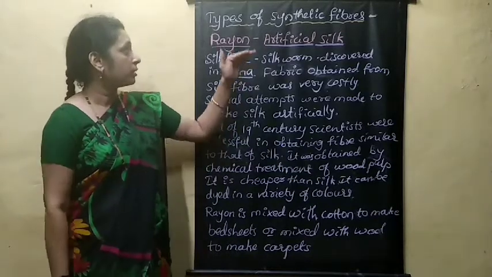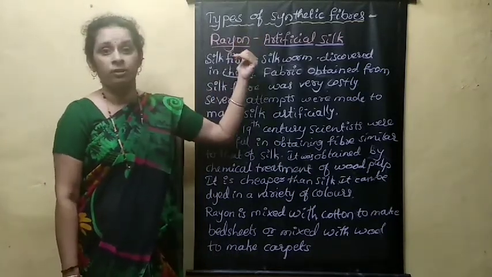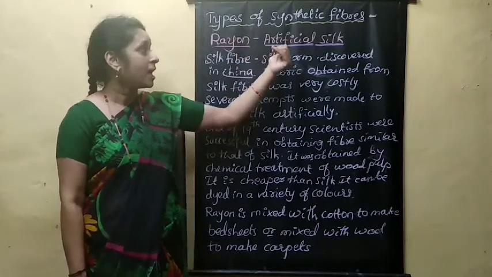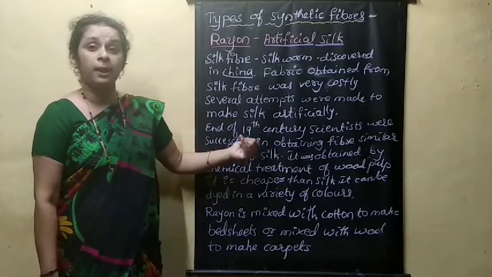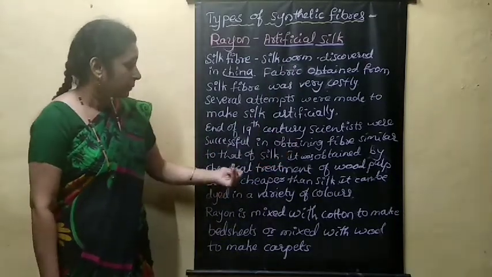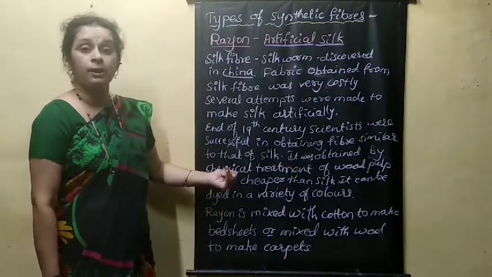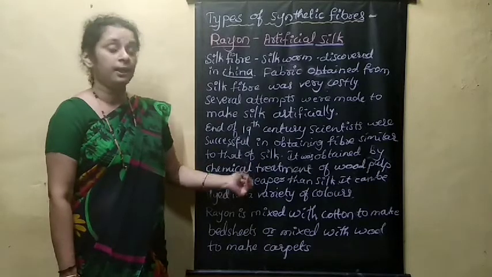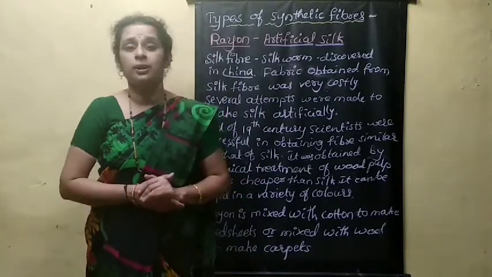This is about one type of synthetic fiber, rayon. It is also called artificial fiber. It is obtained by chemical treatment of wood pulp. It is cheaper than silk, which you have to remember.